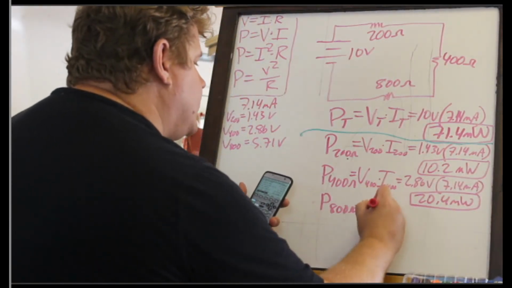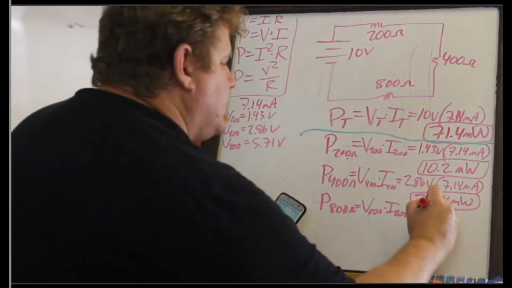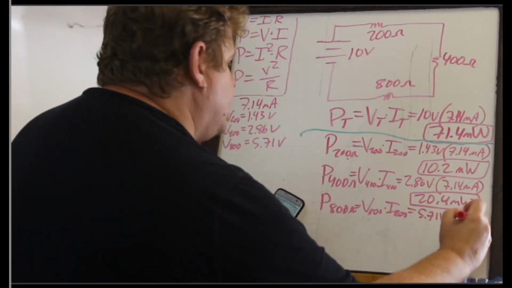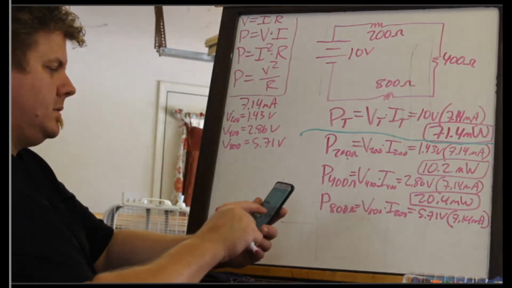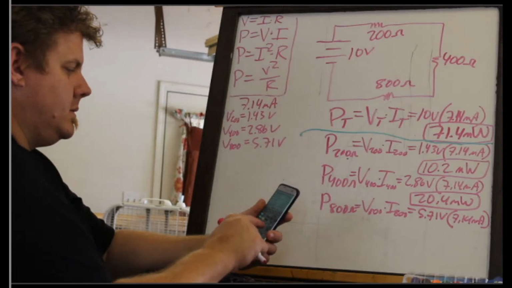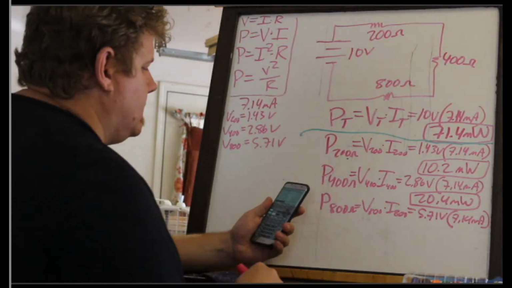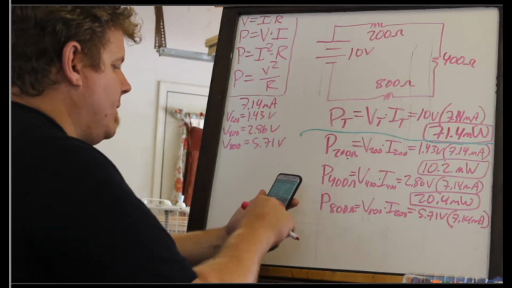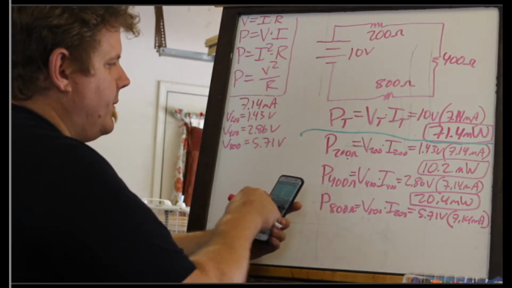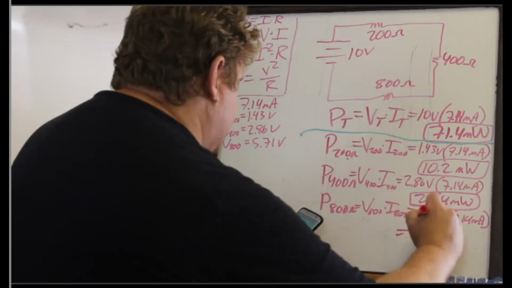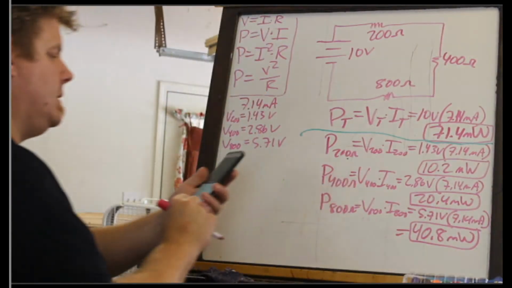And then finally, the voltage across the 800 times the current through the 800, which is 5.71 volts times 7.14 milliamps. And that gives me, holy smokes, that's not right. Okay, here we go. So this is 40.8 milliwatts. Okay.